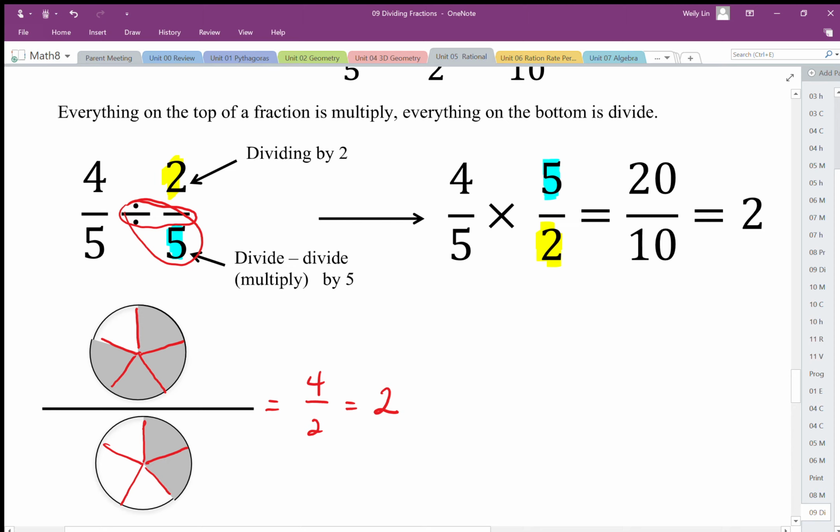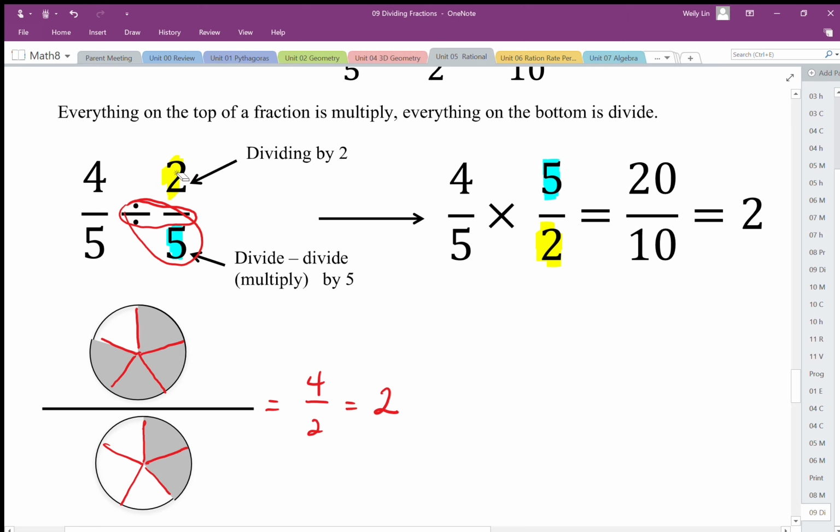So what ends up happening then is, if I just put my times and divide in the right places, that divide should go on the bottom, that divide should go on the top as multiply. If I just flip this fraction, I really put them in the right positions when we talk about fractions. And it's to do with the second fraction here.